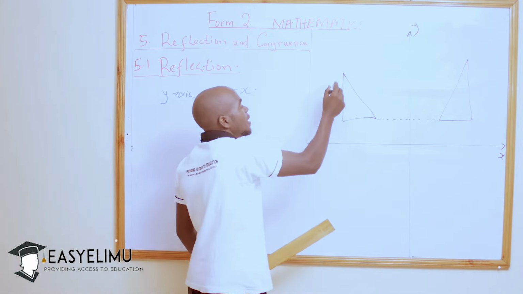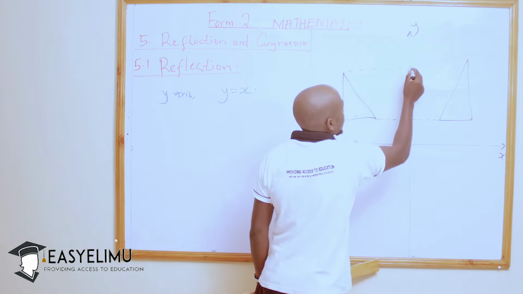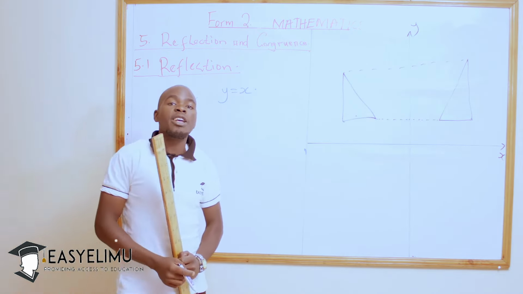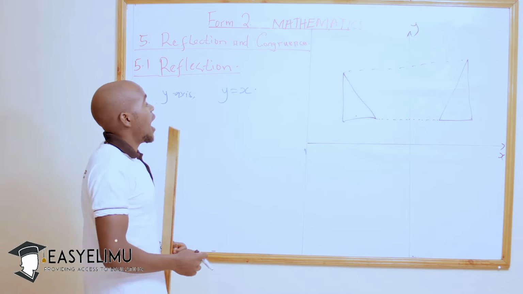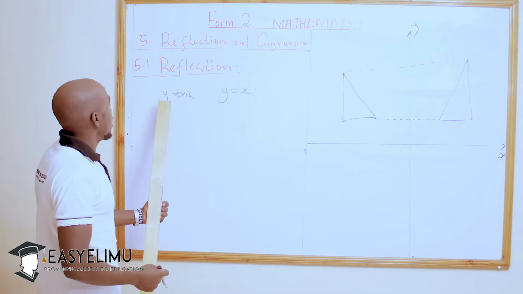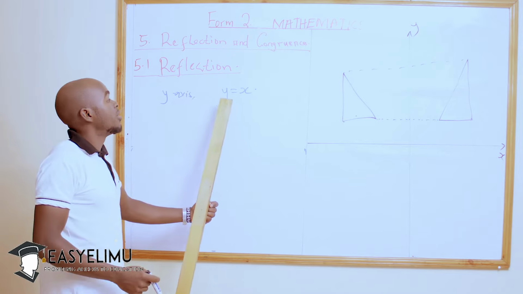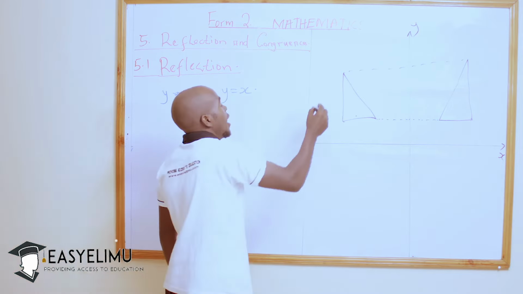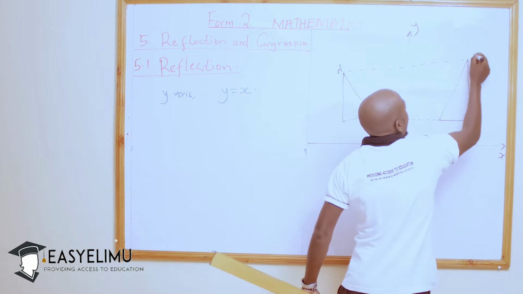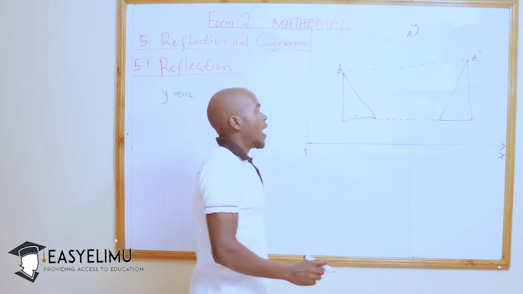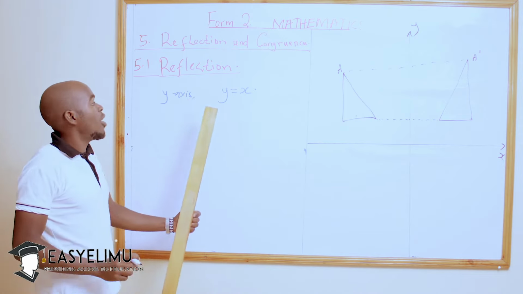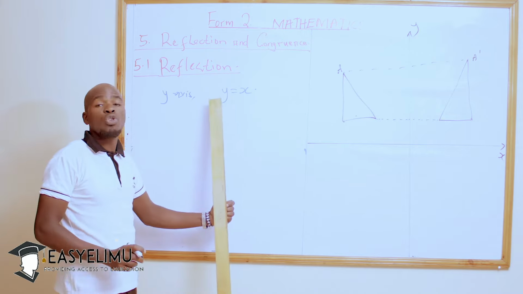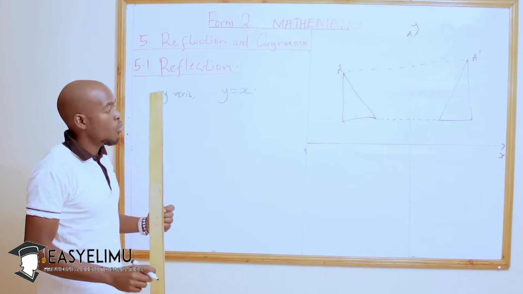So the distances from the points to the corresponding points are always the same, if the reflection is through the y-axis. Then you may be told to reflect again after finding the image. If this is point A, this will be A prime under the first reflection, and you are then asked to find the reflection of that image through y equals x.